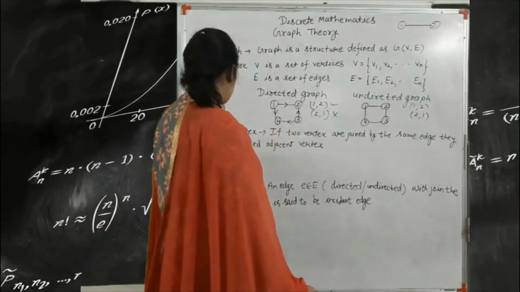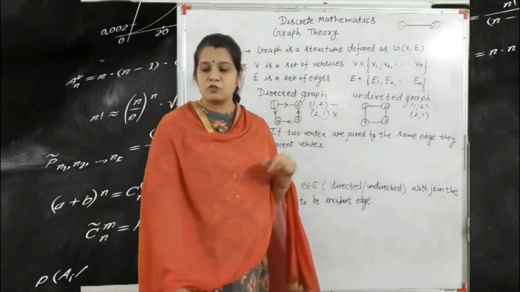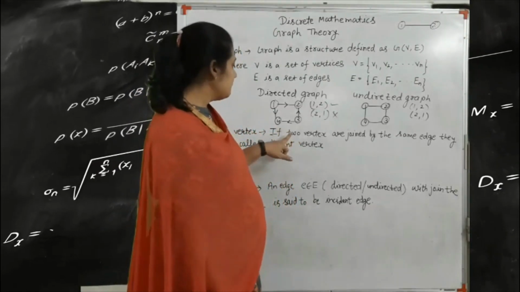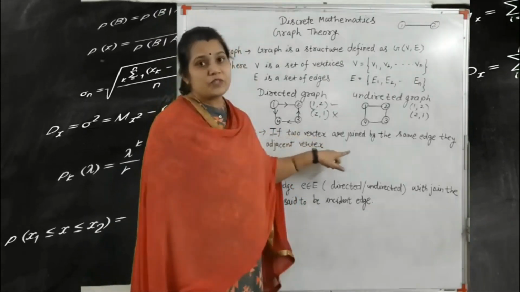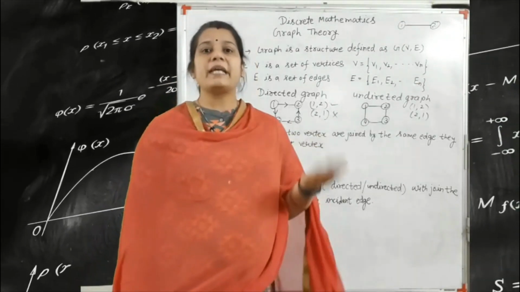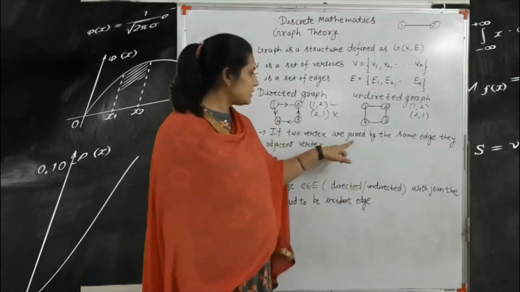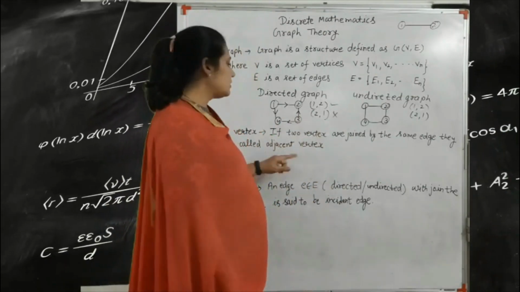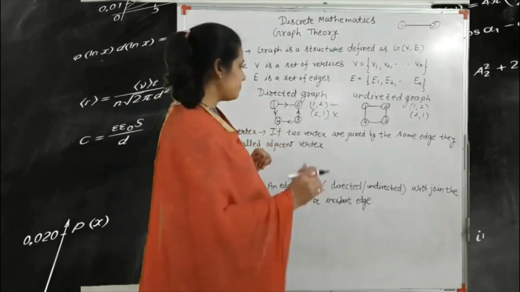Next is the adjacent vertex. So what do we mean by adjacent vertices? If two vertices are joined by the same edge, they are called adjacent vertices.